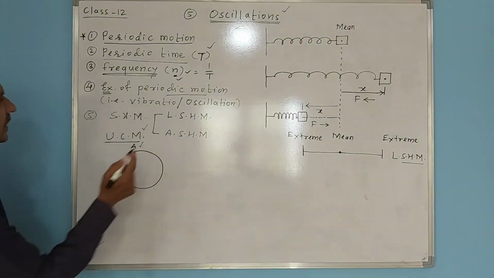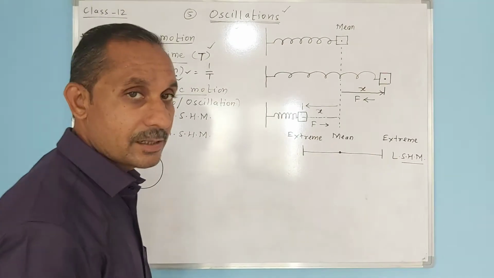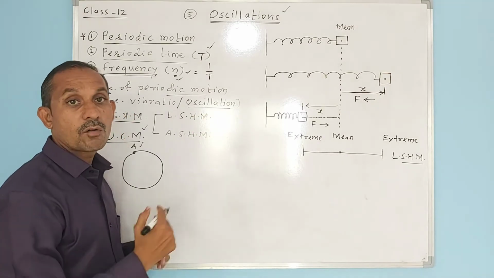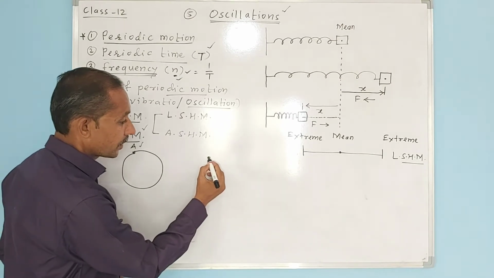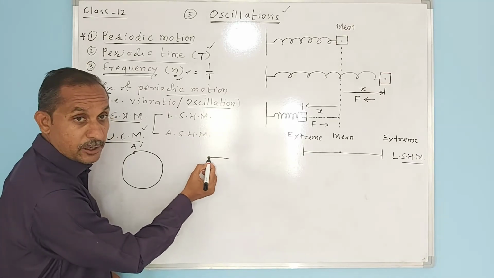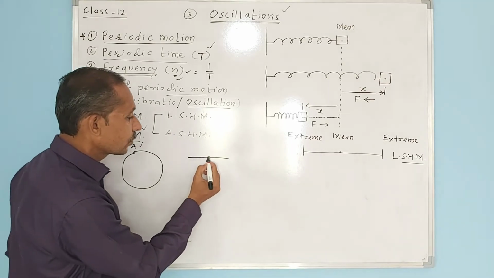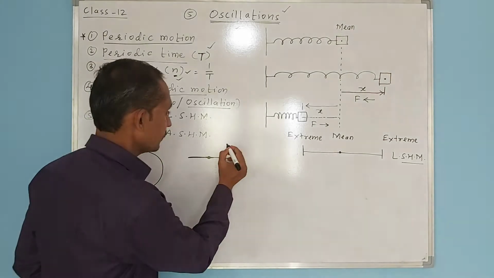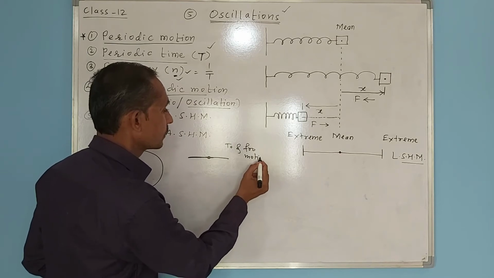So let's see what is meant by simple harmonic motion. What do you mean by simple harmonic motion? So let's see the oscillation or vibration. Consider a body. When this body moves right, then comes back to the original position, and then moves left, and then comes back to the original position, this body is performing to and fro motion.